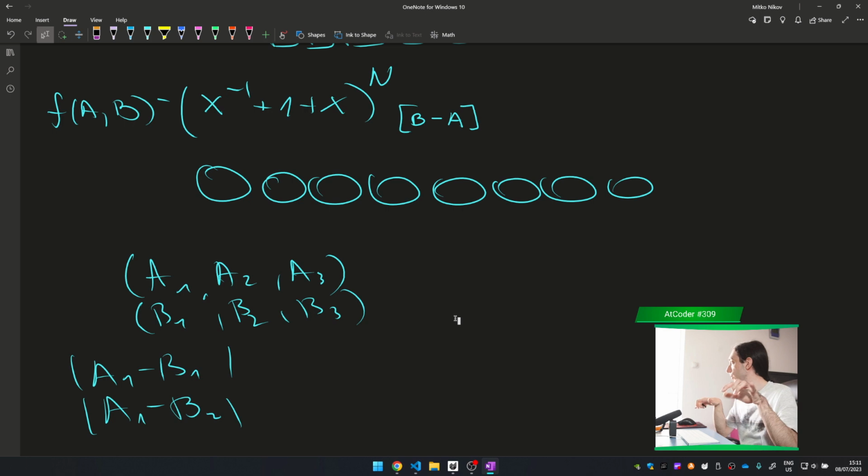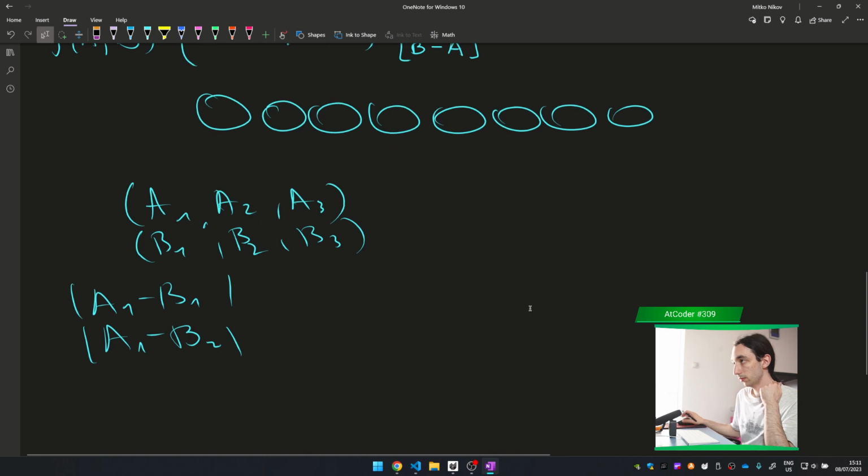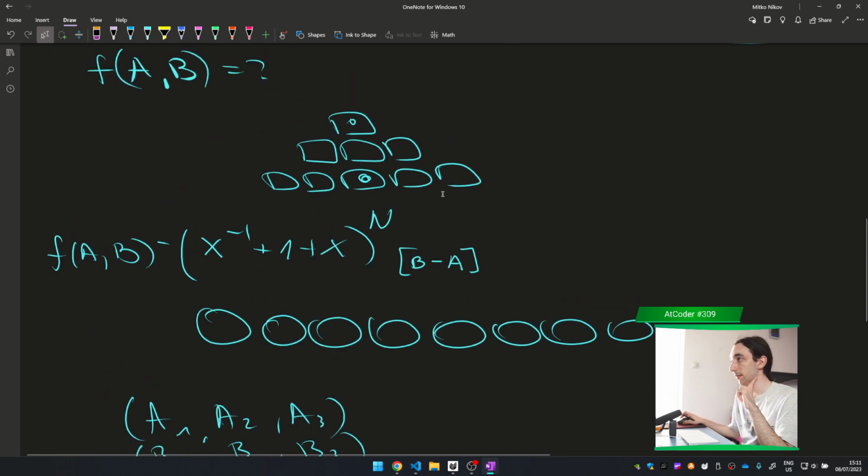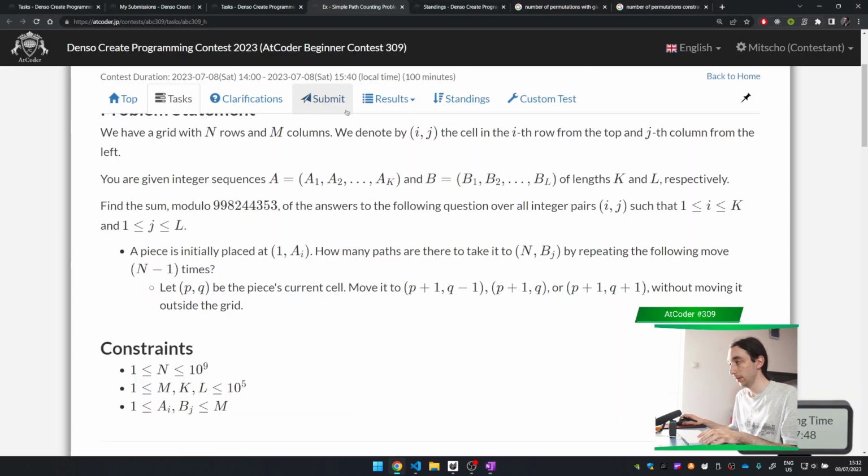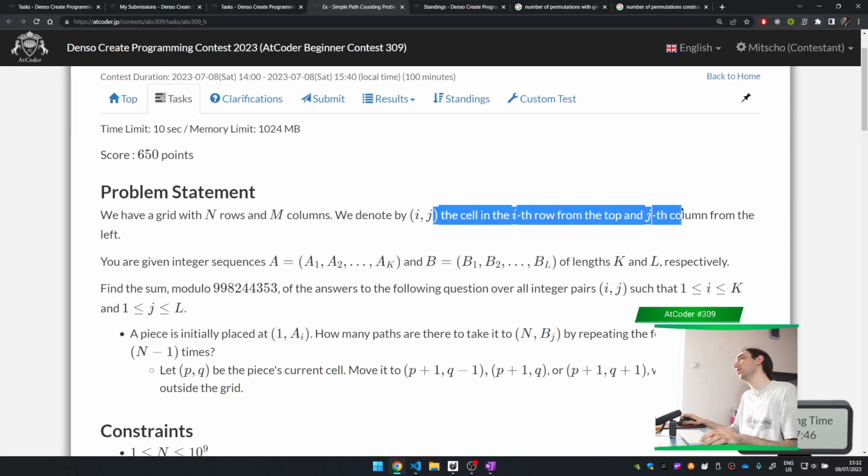Then I multiply these two arrays. So this difference, b minus a here, essentially says I don't care about whether I can't go outside.